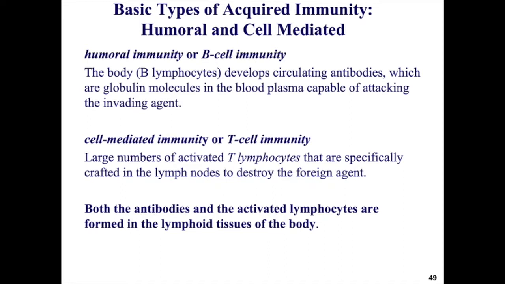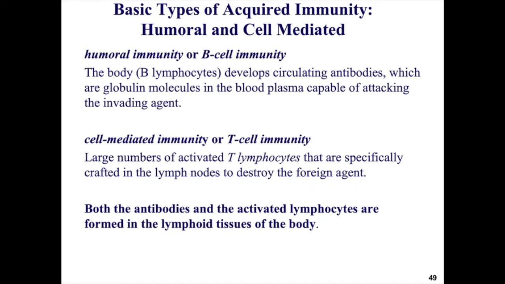There is a very outdated definition, but some textbooks still include it, which is the humoral and the cellular immunity. Humor stands for fluid, and so we would normally include the B cells into humoral immunity, in the sense that B cells produce something that is fluid, which are the antibodies.